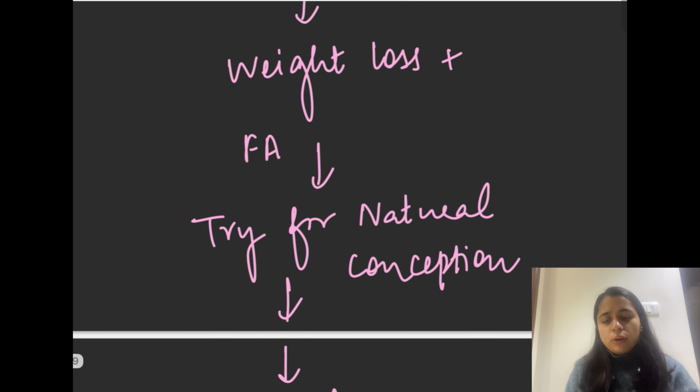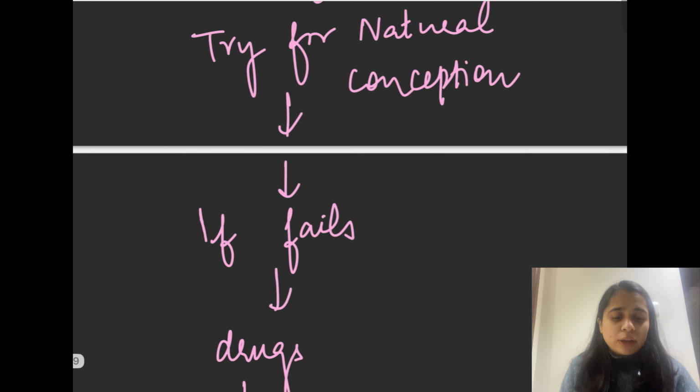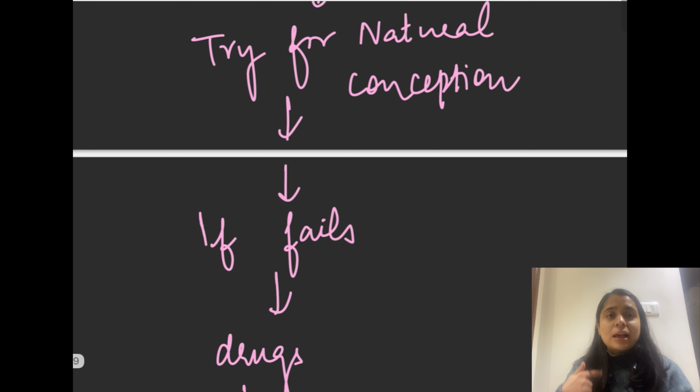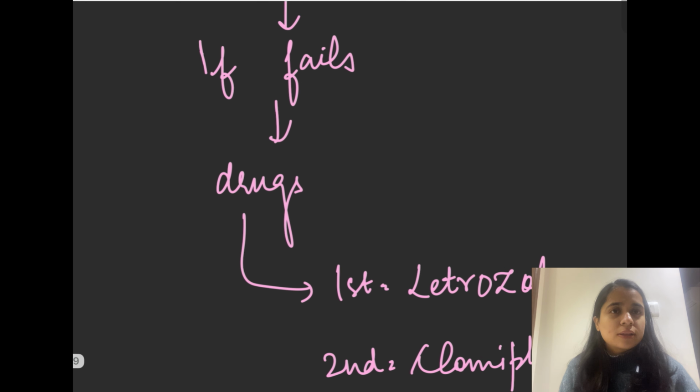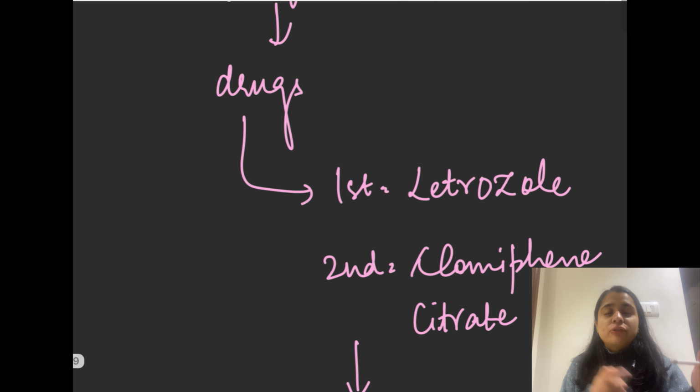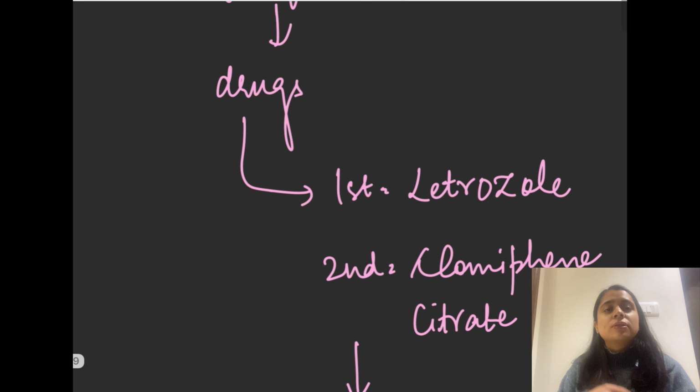The next line of management after weight loss will be supplementation of folic acid. Folic acid will be supplemented, and we'll ask the patient to try for natural conception, right? And if natural conception is also not working, then we'll take the patient on drugs. So first is lifestyle modification only in that case also. And if the patient is trying to conceive, we'll also suggest they take folic acid along.